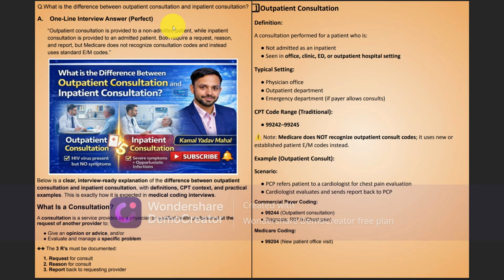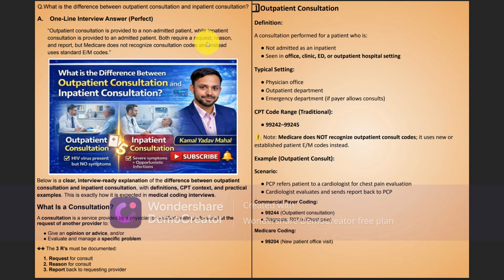What is the difference between outpatient consultation and inpatient consultation? One line interview answer: outpatient consultation is provided to non-admitted patients, while inpatient consultation is provided to an admitted patient.